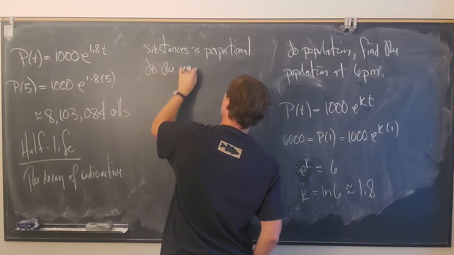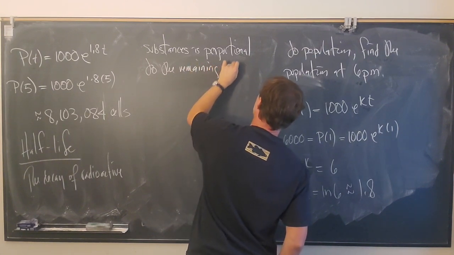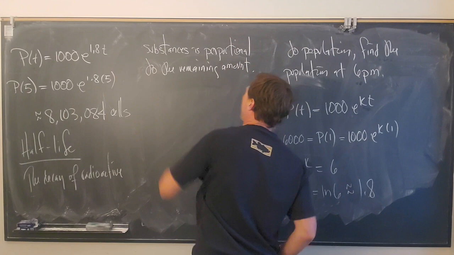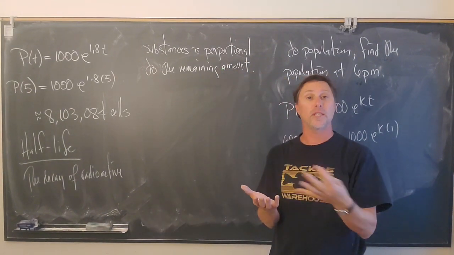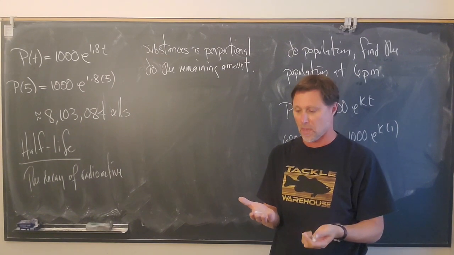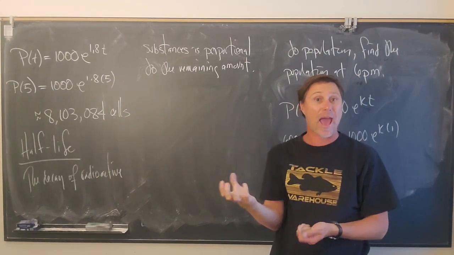If you have some radioactive substance, let's say like uranium, it's continuously decaying, and the rate of decay is proportional to the amount that you have at any given time.